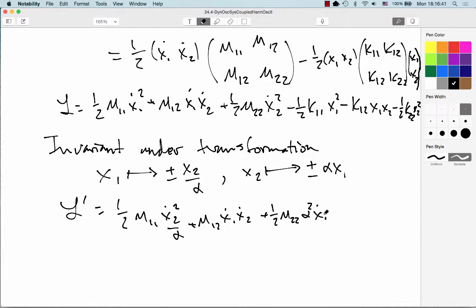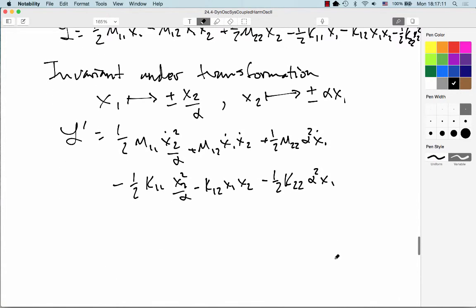So I'm hoping we can do this for some value of alpha, and the answer is yes, we can. We just need to find them. Minus 1/2 k11 x2 squared over alpha minus k12 x1 x2 minus 1/2 k22 alpha squared x1.